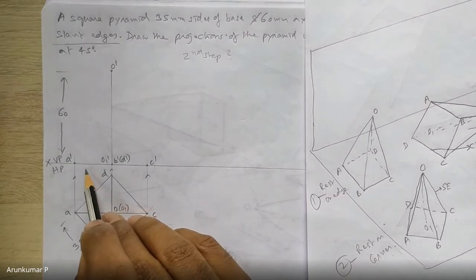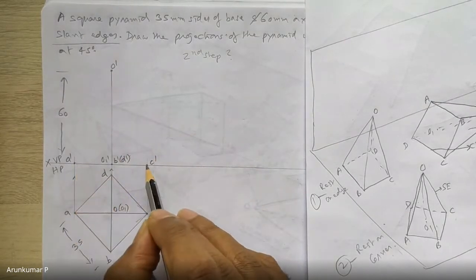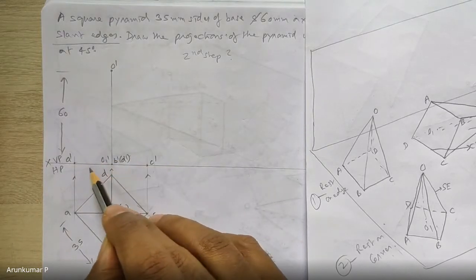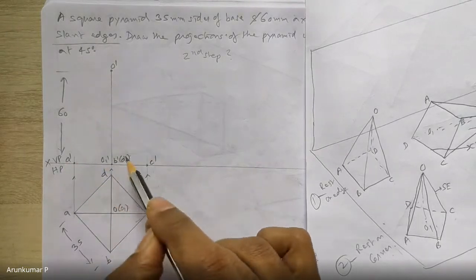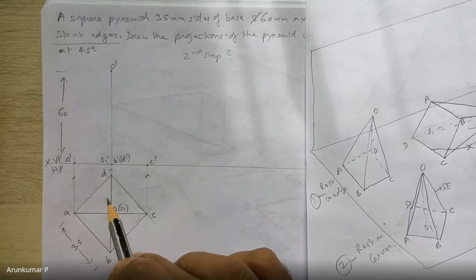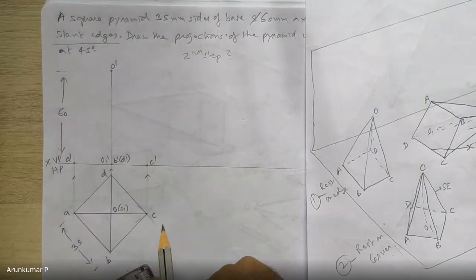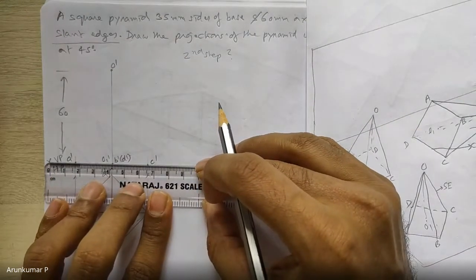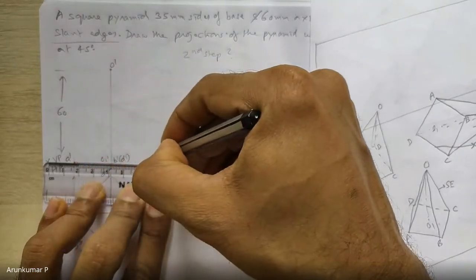Which are the exterior points here? Of course, O dash, A dash, C dash. You can even say B dash, D dash and O1 dash. All these points are on the exterior. So if you join all these, you'll get a triangle in the front view, and that is the front view of this particular pyramid in this position. So join the outermost exterior points by solid straight lines.